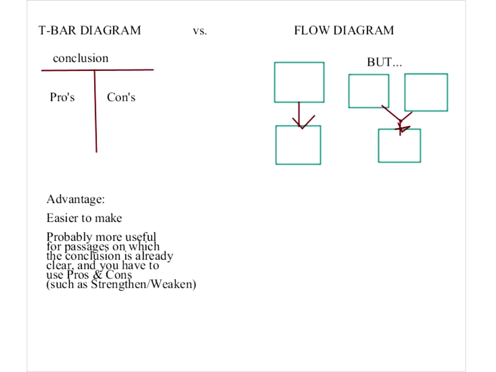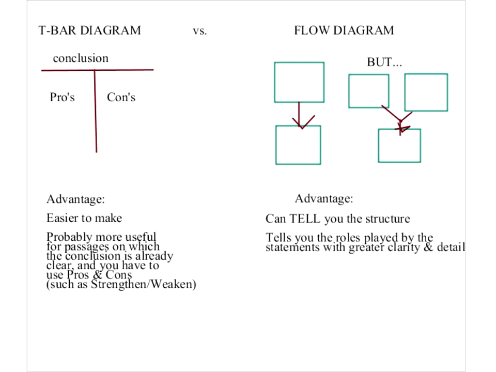The advantage of this one, though, is that this diagram can actually tell you the structure of the argument. If you don't know where the conclusion of an argument is, then you can't make a T-bar because you don't know what goes on top of it. But this diagram can tell you the structure, and it also tells you the roles played by the statements with greater clarity and detail.